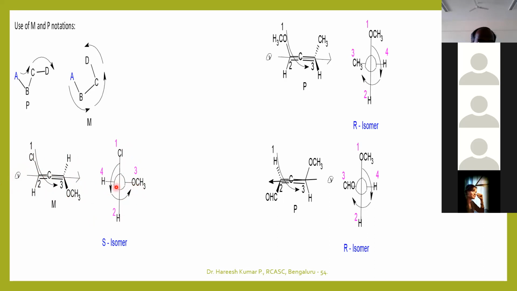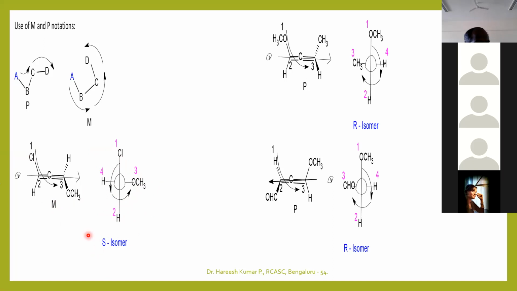Once you place these groups, these two are priority, meaning 1, 2. And the next one is CH3. That means it is moving from here to here, and then this. That means it is in an anti-clockwise direction. That means S configuration. S configuration is nothing but M.